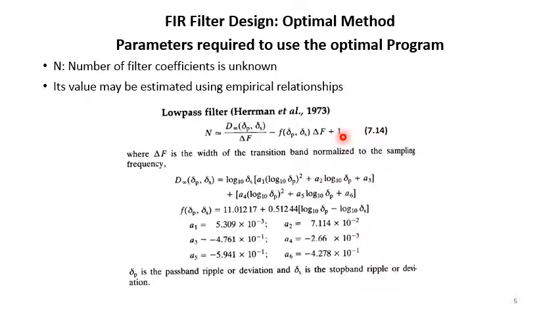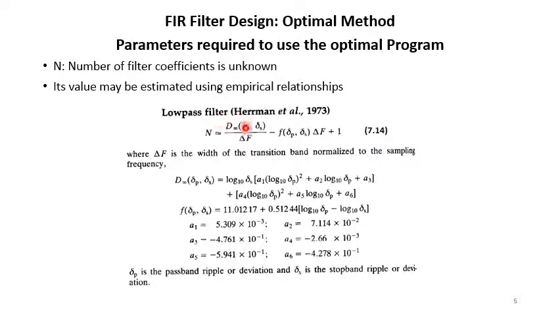Here delta f denotes the width of the transition band, and it must be normalized, that is, it should be in discrete form. To obtain the discrete form, you divide whatever is given to you by the sampling frequency. So if you are given the width of the transition band, simply dividing it by the sampling frequency will result in the transition band in normalized form.